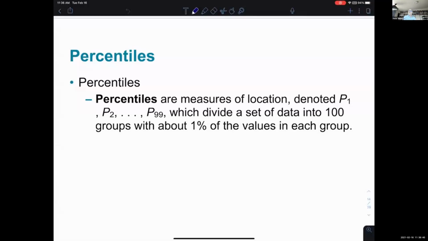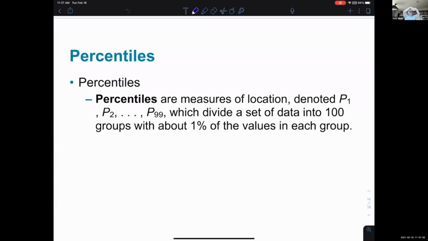Percentiles are measurements of location, denoted P sub 1 up through P sub 99, which divide a set of data into 100 groups with about 1% of the values in each group.